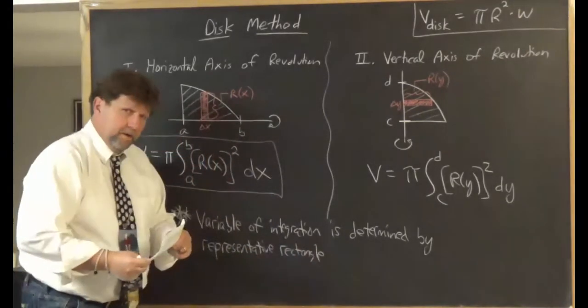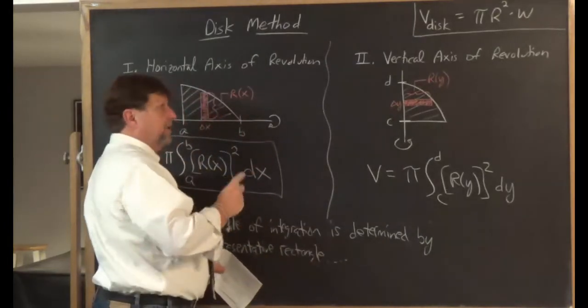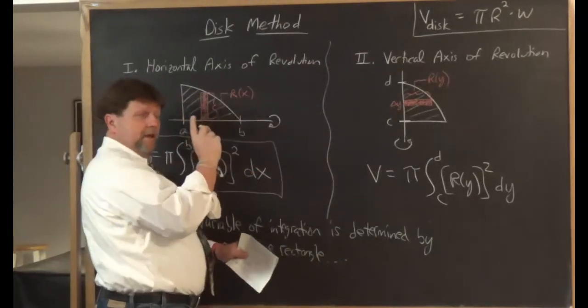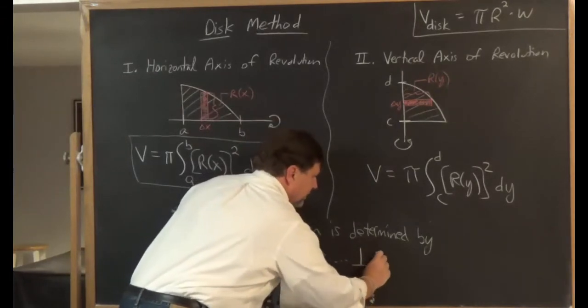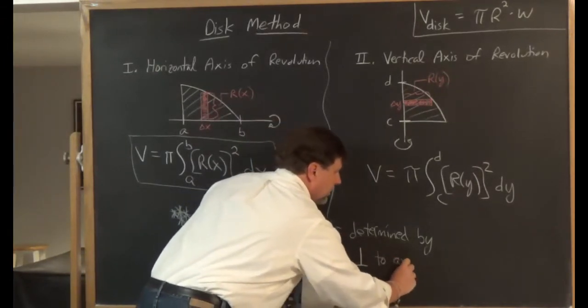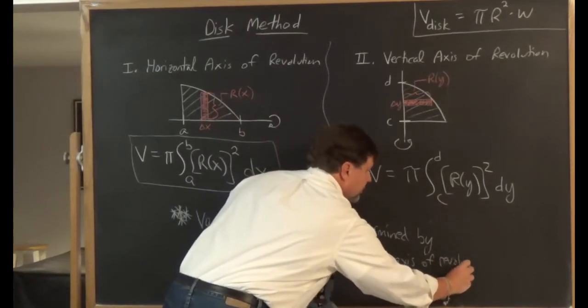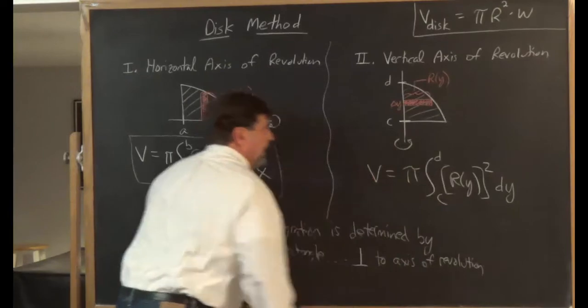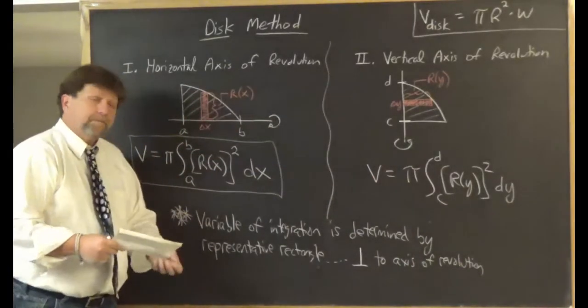And note that the representative rectangle, in both situations, is perpendicular to the axis of revolution. You're going to hear me say this a lot coming up in the rest of this video.